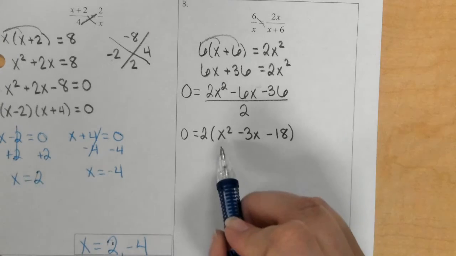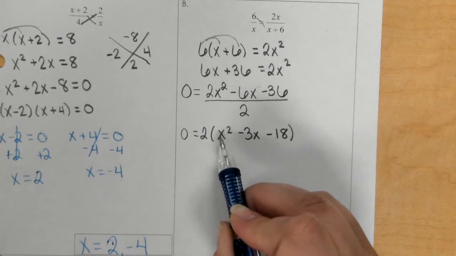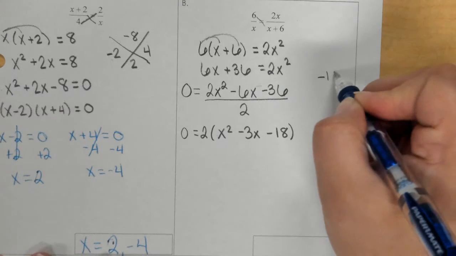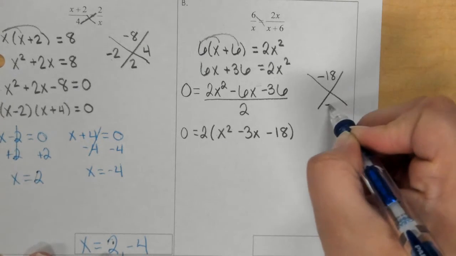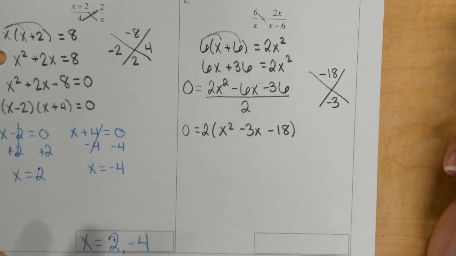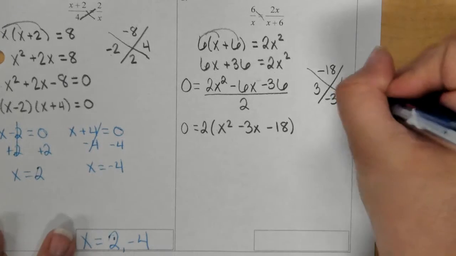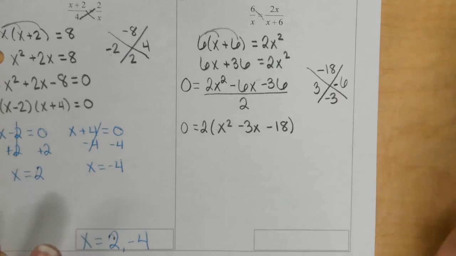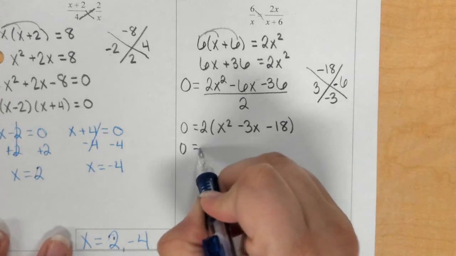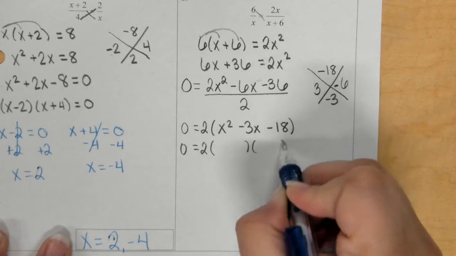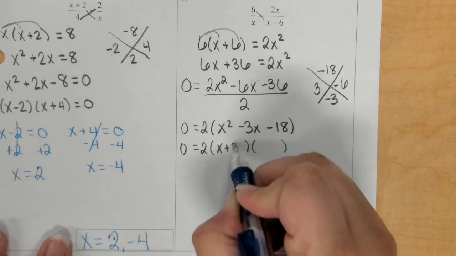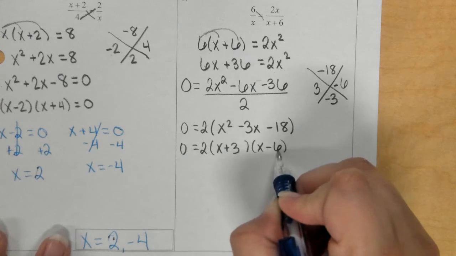So then I could x factor this part here. So that would be 1 times negative 18 is negative 18, and I'm trying to get to negative 3. And so I would use 6 and 3, where 6 is negative. And so that would give me x plus 3 and x minus 6.